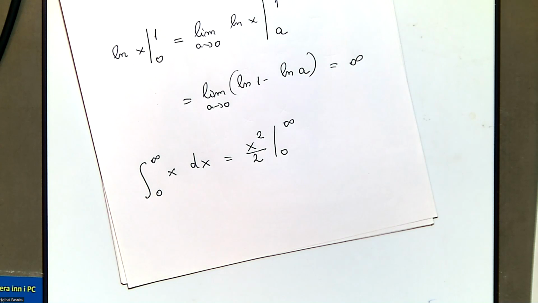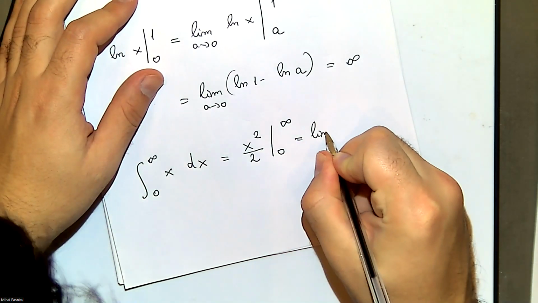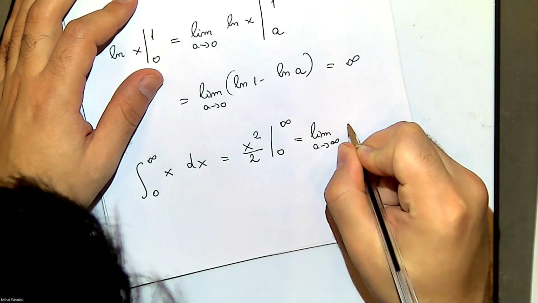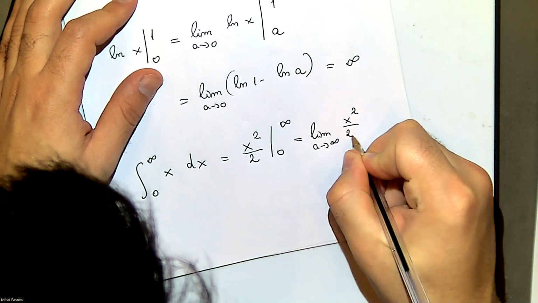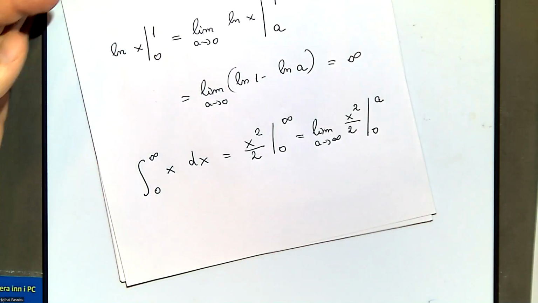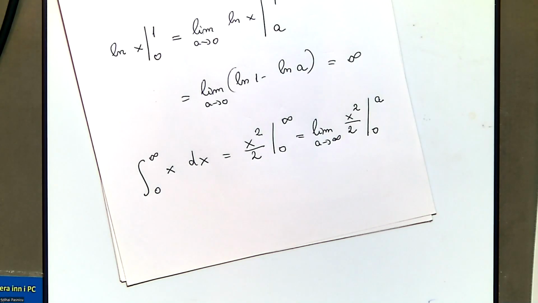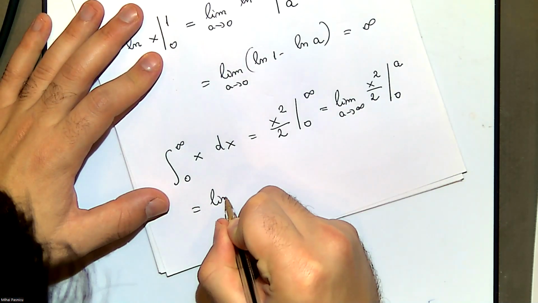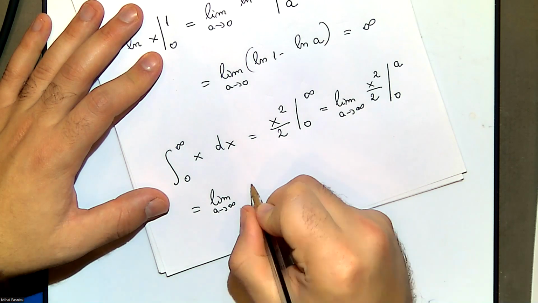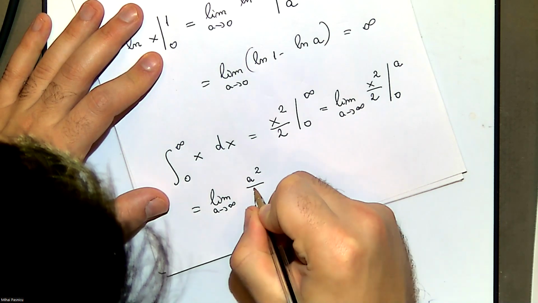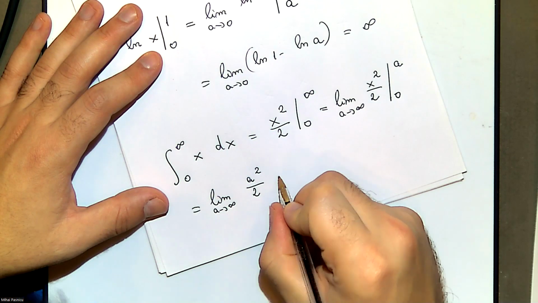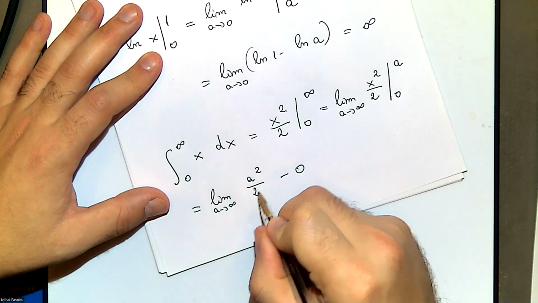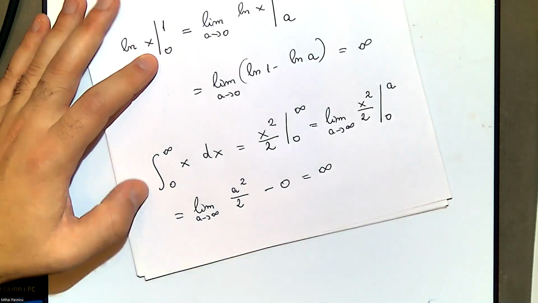So again, you just have to write it as the limit as a goes to infinity of x squared over 2, from 0 to a. You're basically pretending that it's not infinity, just a number that's going very, very big. So this is the limit as a goes to infinity of a squared over 2 minus 0. Obviously, this goes to infinity, so this is infinity.